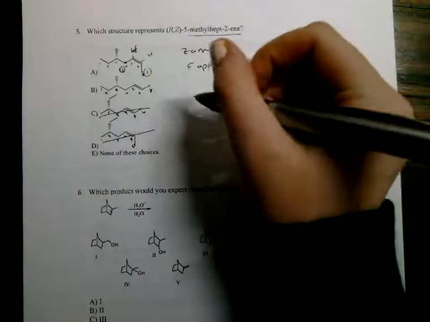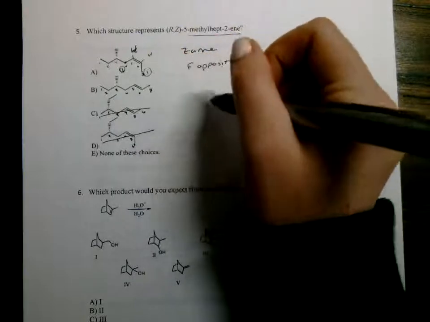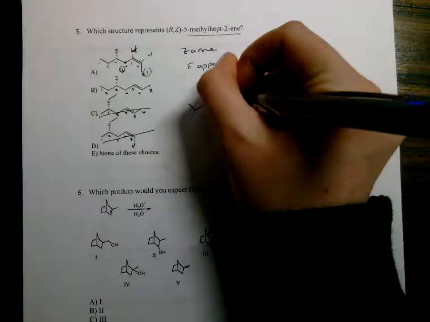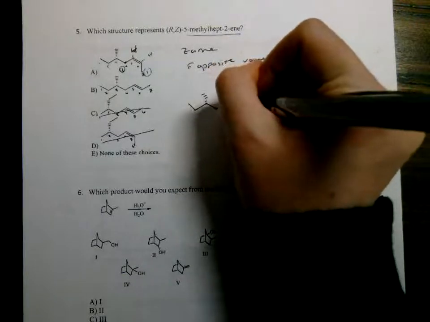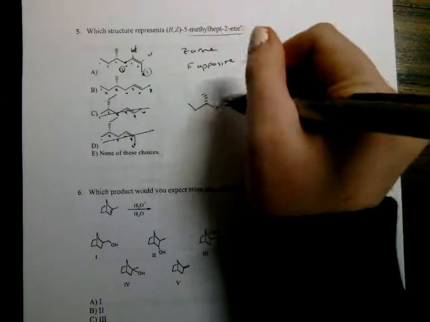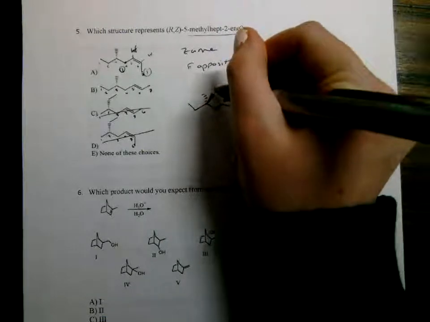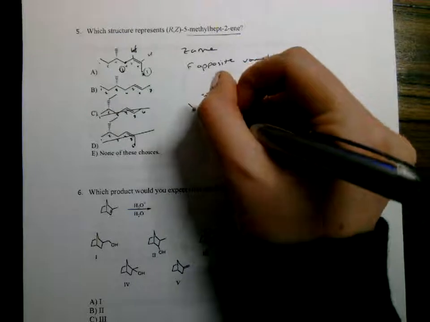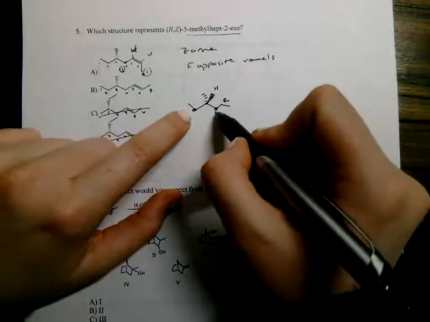And then let's see. We'll just do a big R chain over here. So this is your hydrogen. Okay, these are the same group, so they're equal priority.